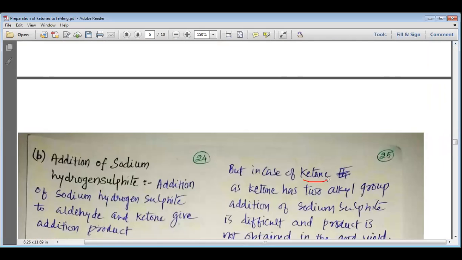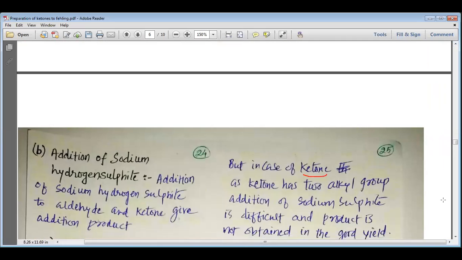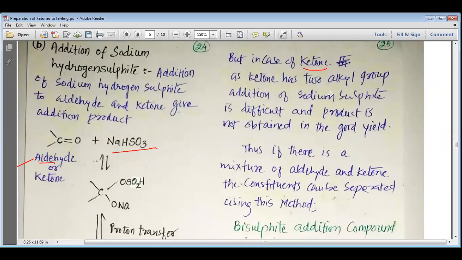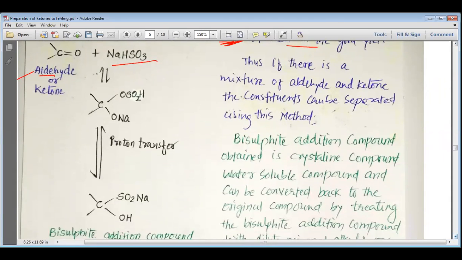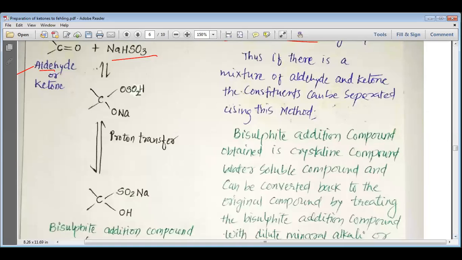In case of ketone, my dear students, as a ketone has two alkyl groups, addition of bisulfite is difficult, and the product is not obtained in good yield. You can say almost zero or very little. Thus, if there is a mixture of aldehyde and ketone, the constituents can be separated using this method.